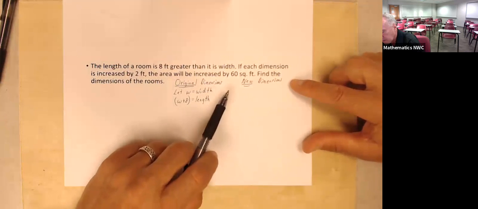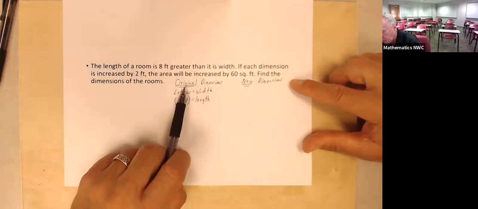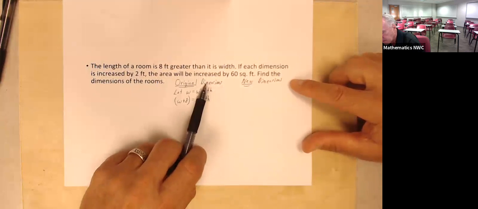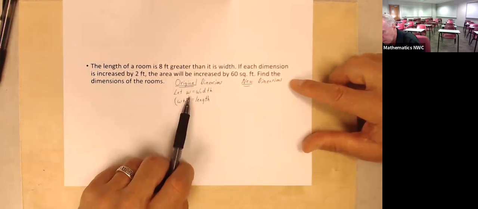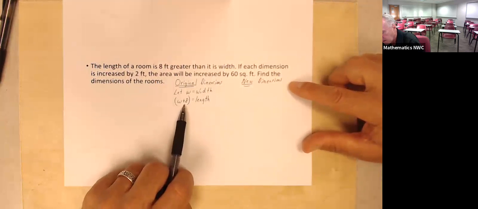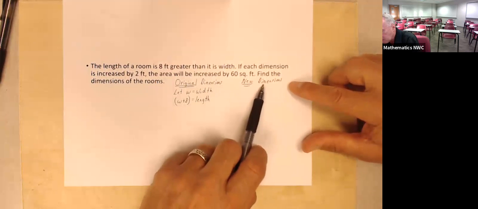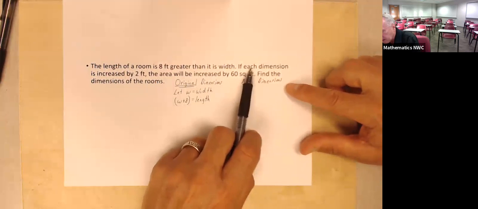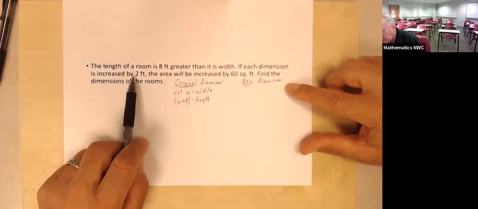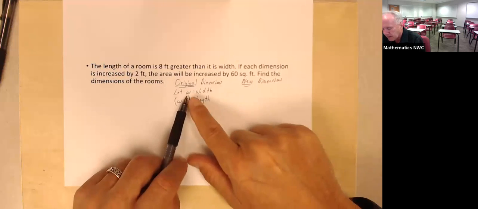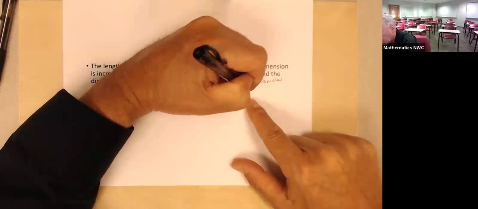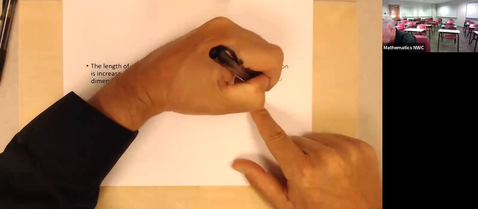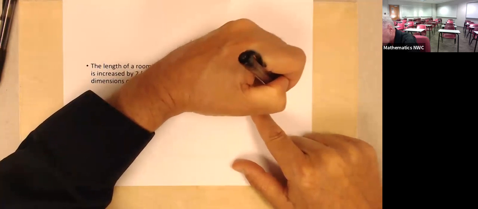What's a little bit different about this one is I have an original set of dimensions where the length is 8 more than the width. So here's my width, W, length 8 more. But then I have a new set of dimensions because each dimension got increased by 2. So W plus 2 equals my new width.